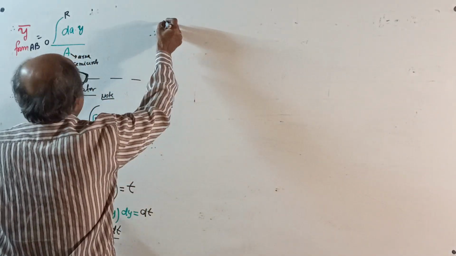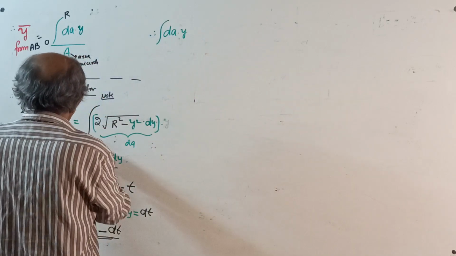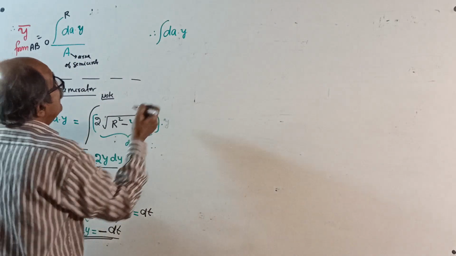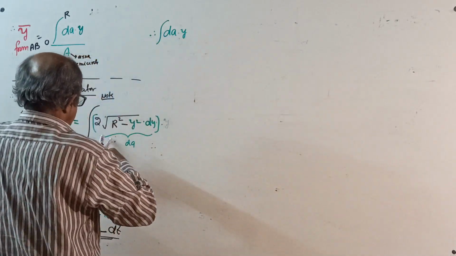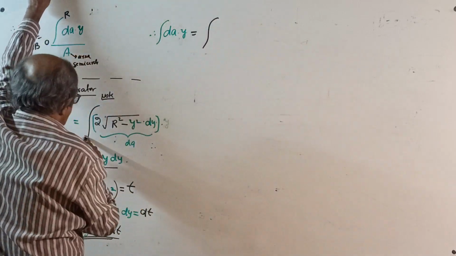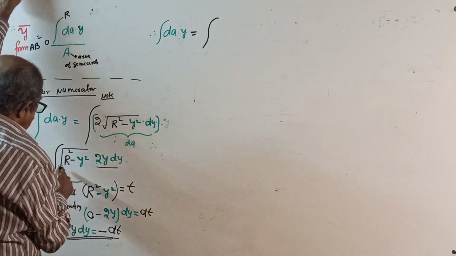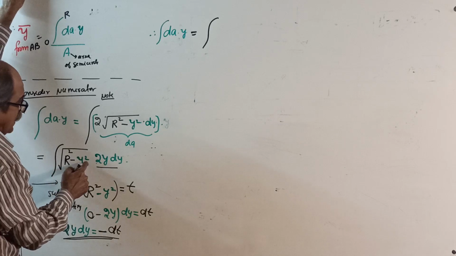Therefore, the integration of dA into y becomes root r square minus y square times 2y dy.